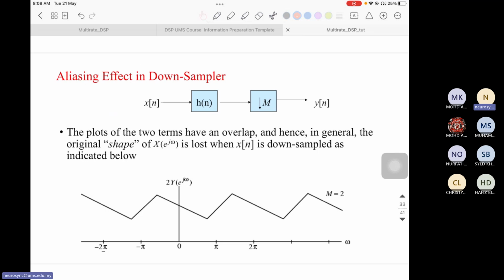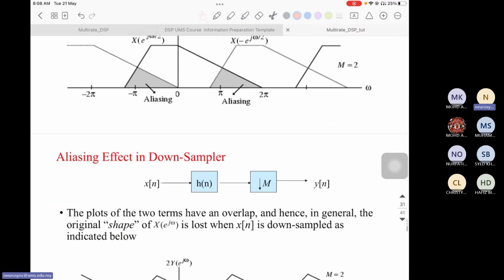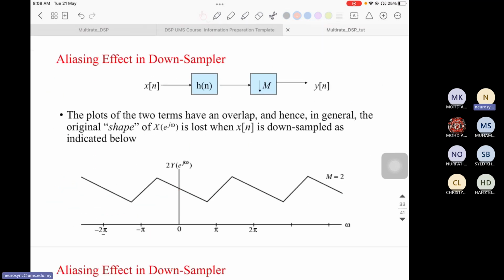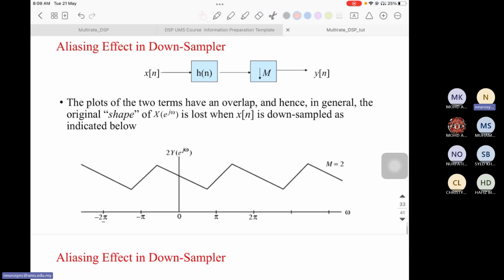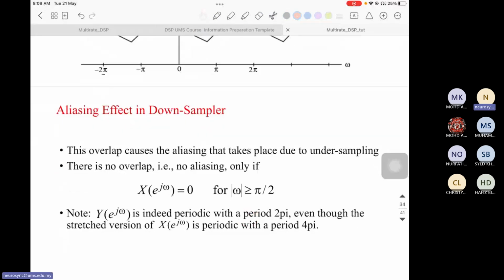So the plot of these two terms has an overlap, and hence in general the original shape of X of e^j omega, this is the original shape, is lost in the output of this downsampling. When I downsample this X of e^j omega, the shape is lost because of the aliasing effect.